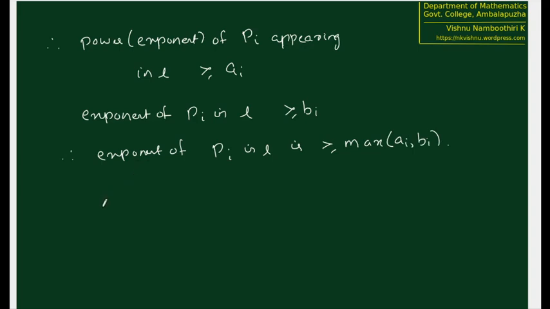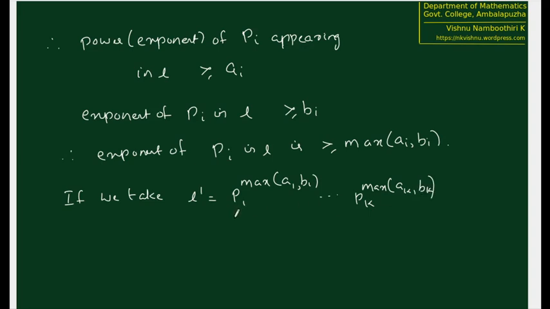Now, if we take some L dash to be equal to P1 to the power maximum of A1, B1, etc., Pk to the power maximum of Ak, Bk, then definitely P1 to the power A1 and P1 to the power B1 divide this L prime, etc. Pk to the power Ak and Pk to the power Bk divide L prime.